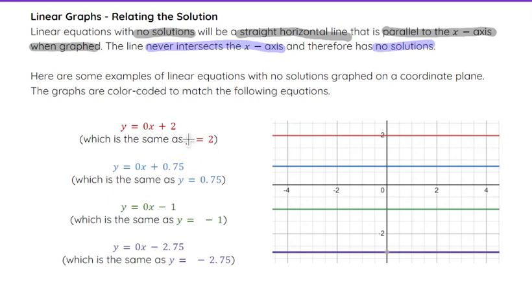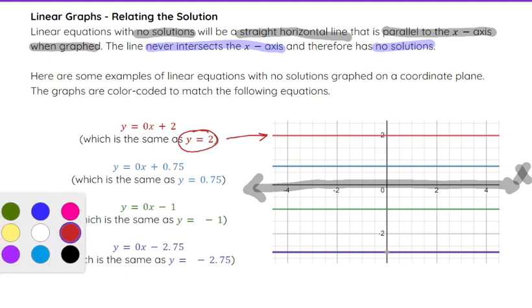So there are a couple examples here color-coded to match their graph. The red one, for example, y equals 0x plus 2. If I do 0 times x, I get 0. So this is really just y equals 2. And that's this line right here that never crosses the x-axis, which is this axis right here. So if it never crosses that x-axis, then that means it has no solutions.